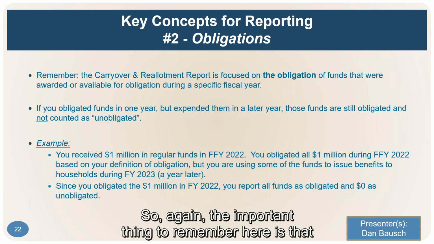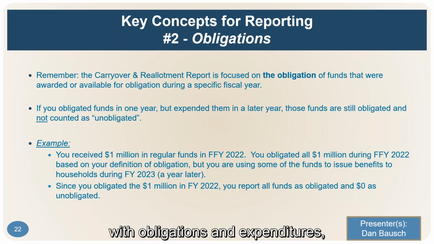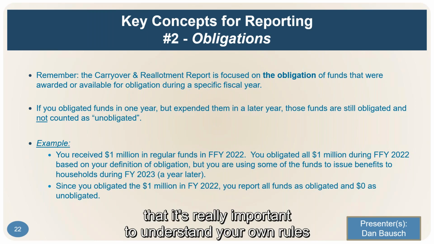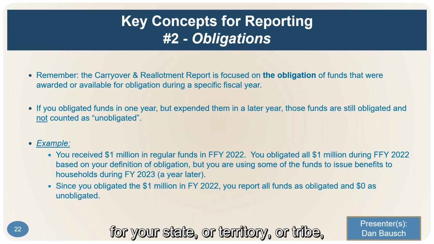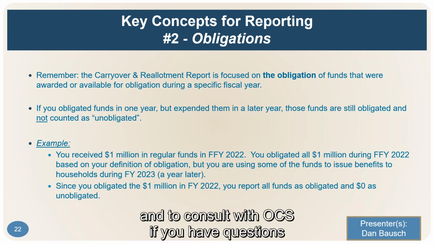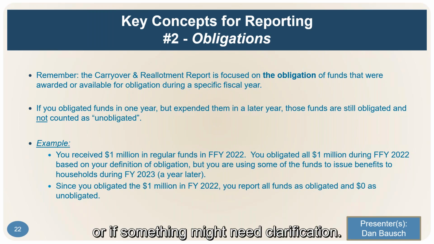So again, the important thing to remember here is that with obligations and expenditures, because there's flexibility, it's really important to understand your own rules for your state or territory or tribe, and to consult with OCS if you have questions or if something might need clarification.